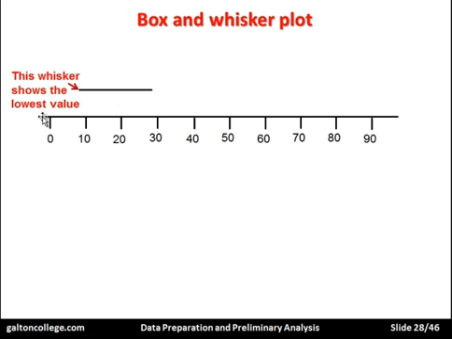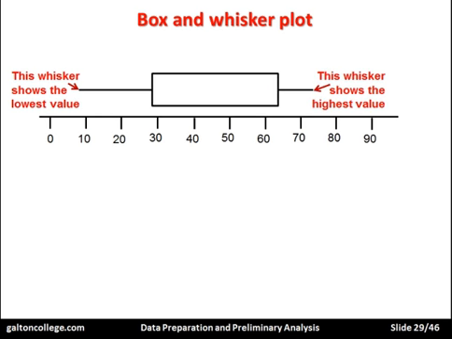So the whisker shows the lowest value, just on the tip of the whisker. And at the other end, we've got this whisker over here, which shows the highest value. And in between, we've got a box. We'll just talk about that in a second. So here we've got 2 whiskers. We've got the lowest value here, and here we've got the highest value.